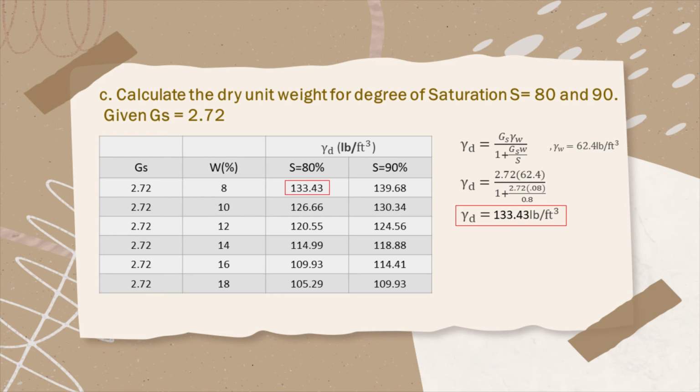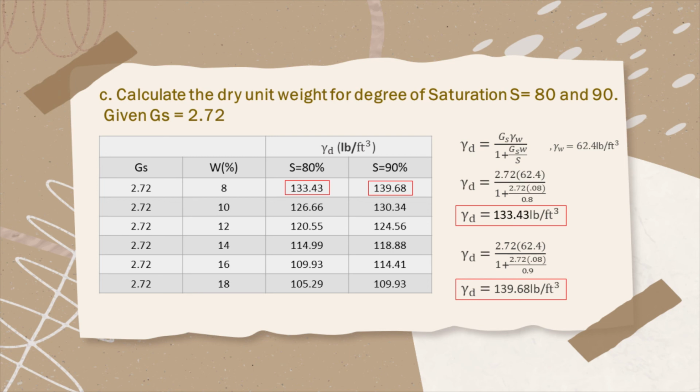Now, for 90% saturation, the same formula. For 8%, we will just change the S into 90%. That would be 2.72 times 62.4 over 1 plus 2.72 times 8% over 90%. That would give us the dry unit weight for 90% saturation, which is equal to 139.68 pounds per cubic foot.